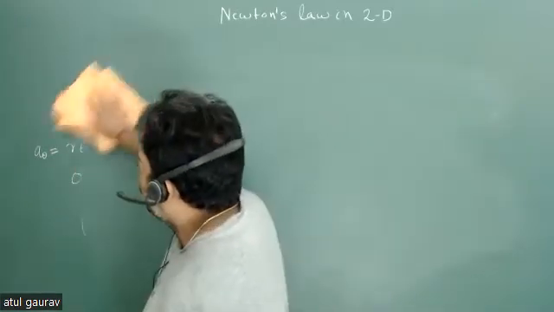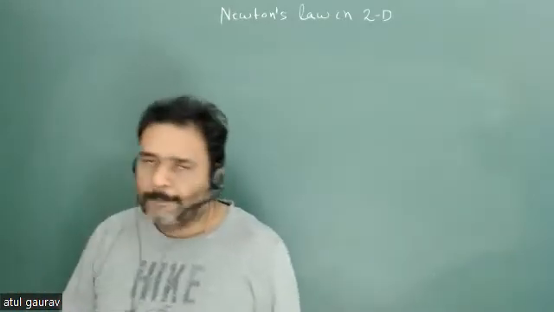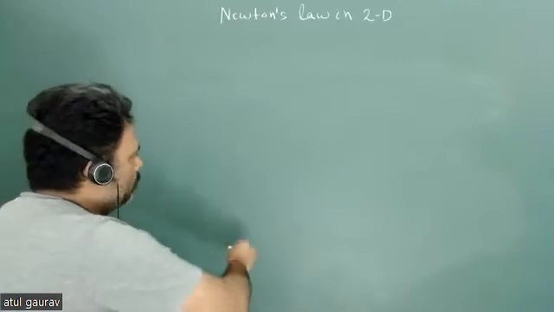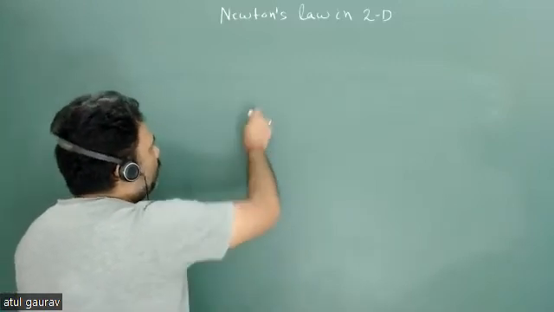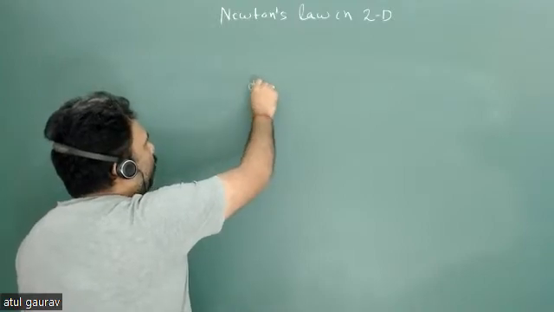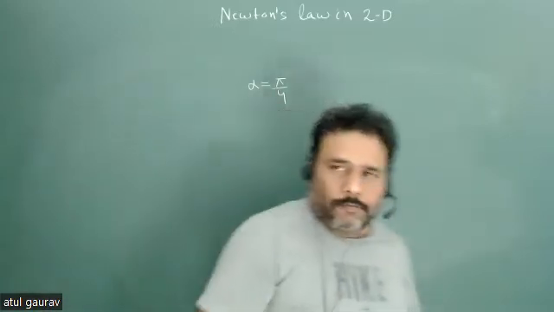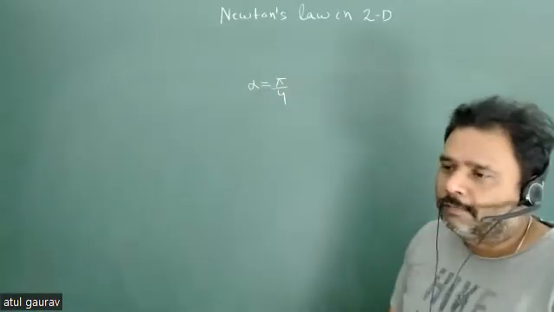In this problem, there is a projectile, and this projectile is making angle alpha of pi by 4.